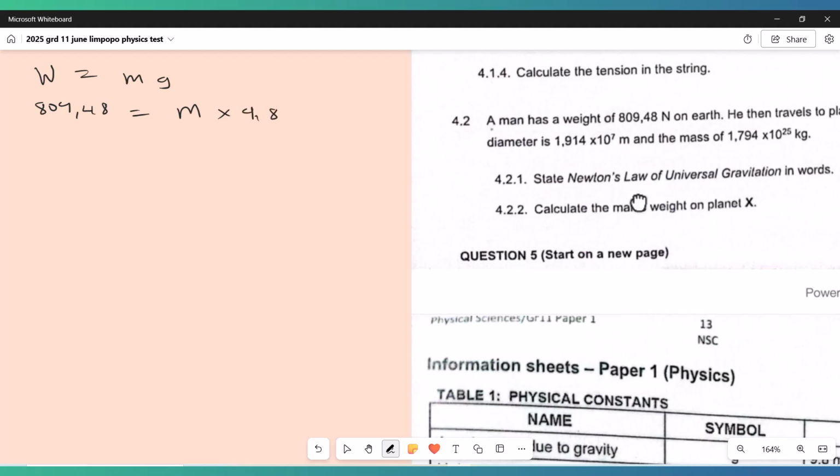So the mass of this man is 809,48 divided by 9,8.